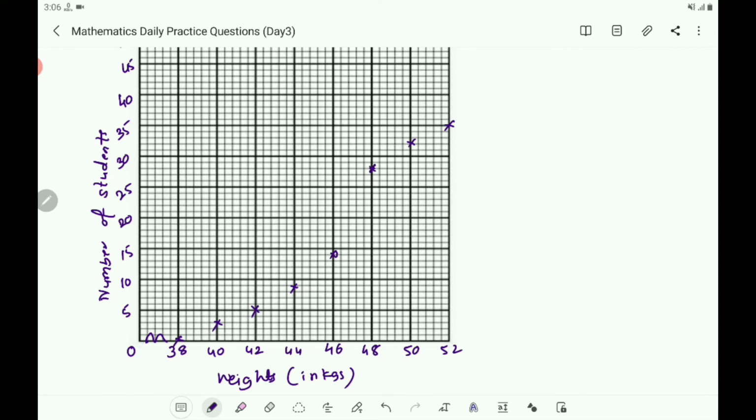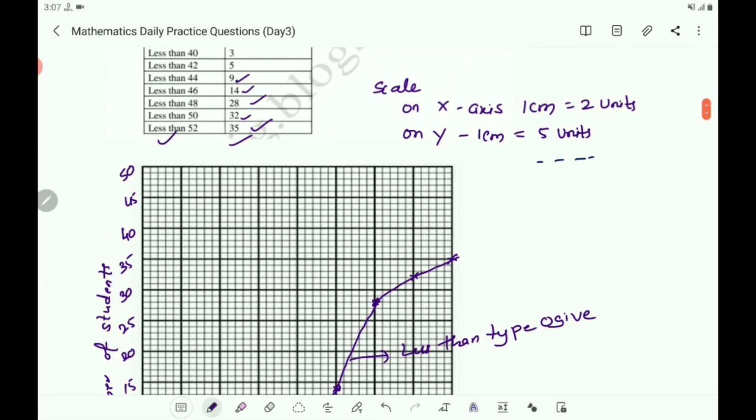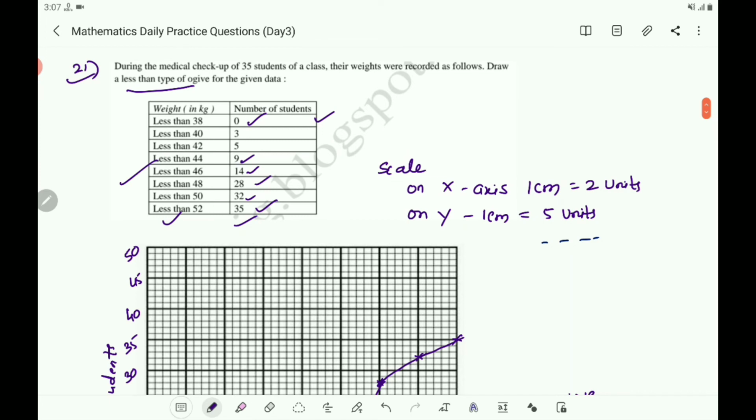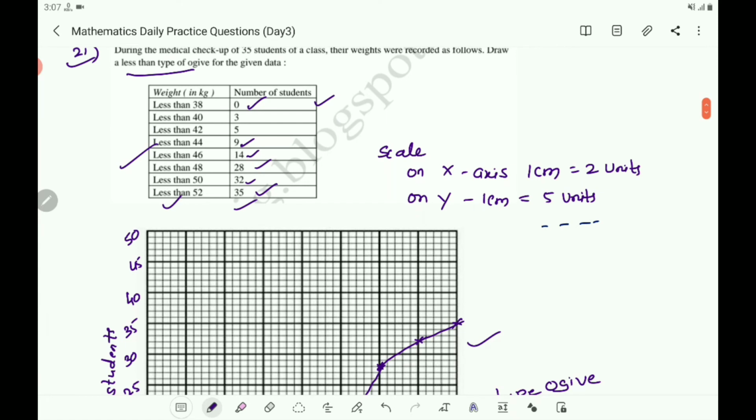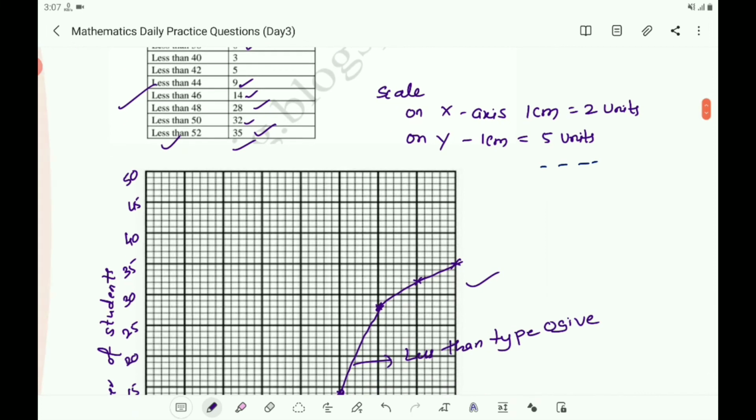Now let us join all the points to get the less than type ogive. So this is the less than type ogive. Here this is the less than type distribution and we got the less than type ogive, taking weight on the x-axis and number of students on the y-axis.